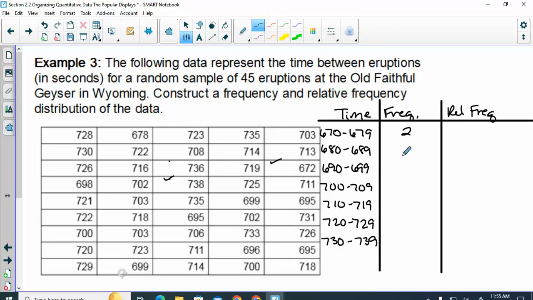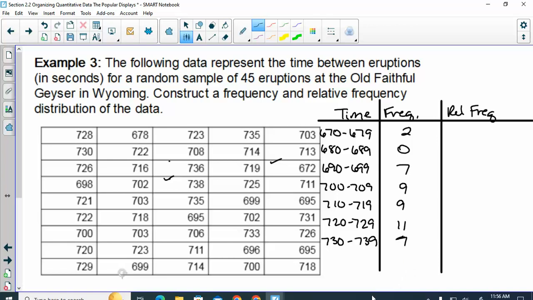This one didn't have any. What about between 690 and 699? 700 to 709. 710 to 719. 720 to 729. And 730 to 739. I had 7. Let's see. I think there would be 7 because we had 45 altogether.